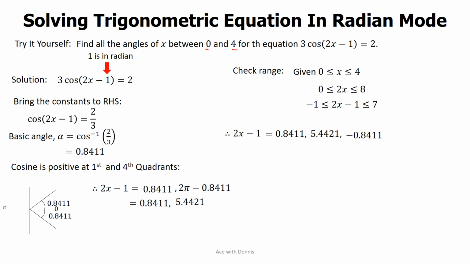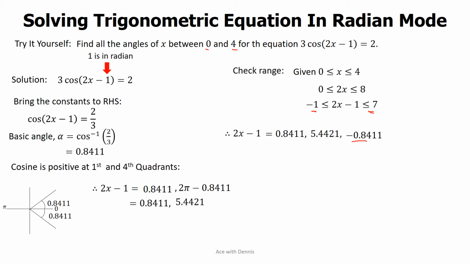We can consider adding one more cycle, or for this case, actually, we should consider the negative angle, which is negative 0.8411. We need to check the range, negative 1 to 7.